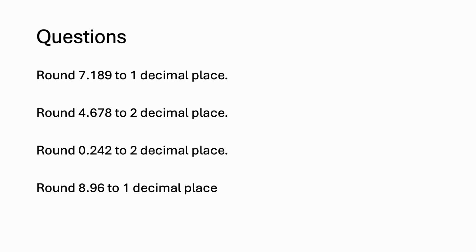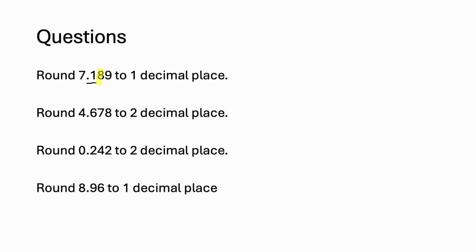Okay, now we've got some more questions. So let's look at the first one together. Round 7.189 to 1 decimal place. So we look, the first decimal place is this one here. So that's the one that we are going to look at. Next thing we do is we look at the number to the right of the decimal place that we are looking at, which is going to be the 8.